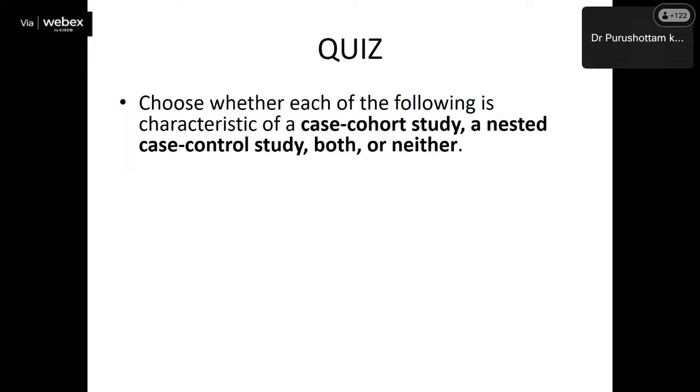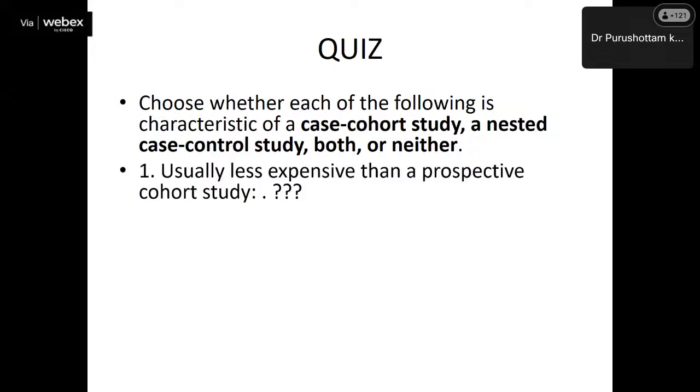So these are a few questions for you. If you all understand the case cohort and nested case control, there are a few questions, then we go to the case crossover. Your answer is case cohort, nested case control, both or neither. There are 4 options.